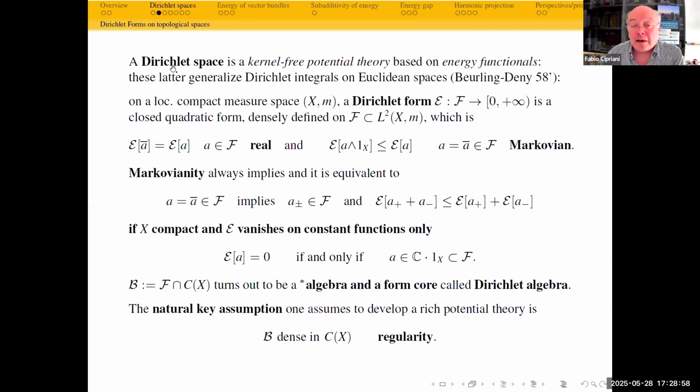I recall just that I will use some tools and language of Dirichlet spaces, which is a kernel-free potential theory.